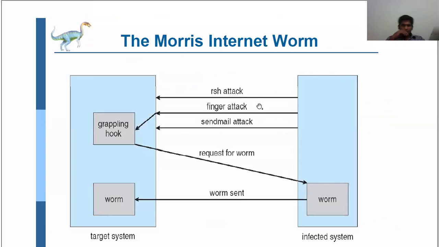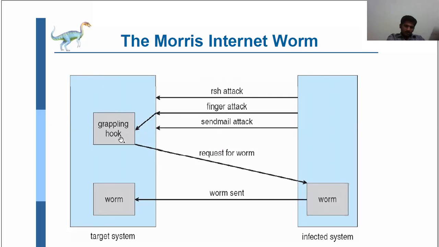Then the Morris Internet worm. How does it work? We already said that in the Unix network, the grappling hook program is going to be installed in the main program. When the Internet worm is installed, it launches a rsh attack, a finger attack, and a sendmail attack.